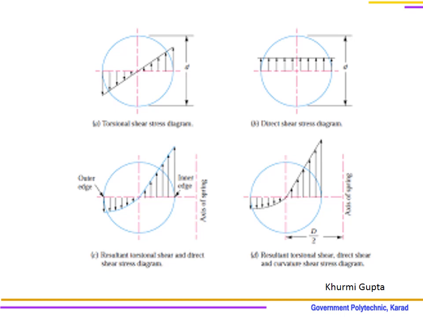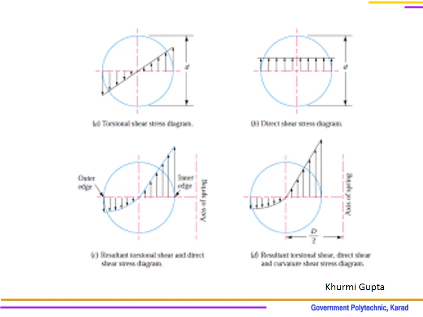So this is the axis of the spring, this is the mean diameter, so D by 2, correct. So the total is diameter, so this distance will be equal to half of the diameter, it is D by 2. So this is the inside surface of the wire, and the curvature effect can be found more at the inside surface as compared to the outside surface.